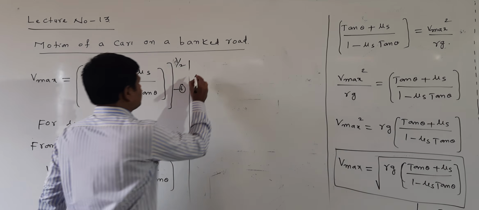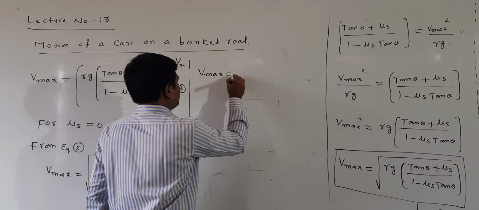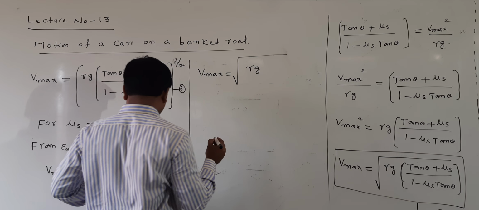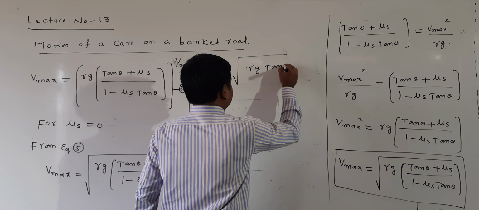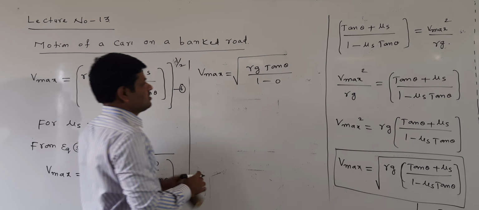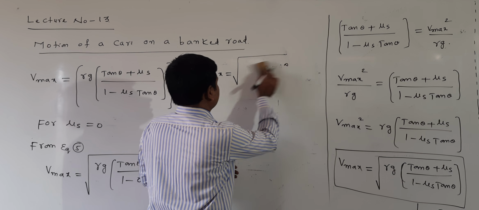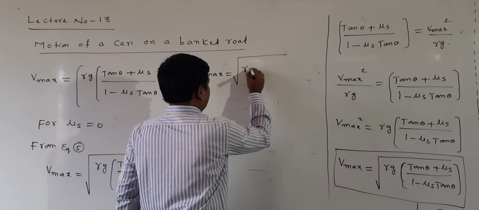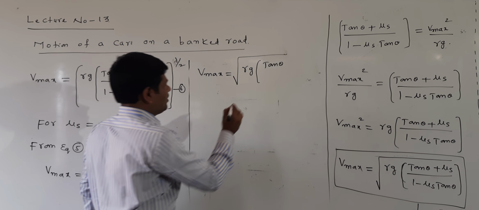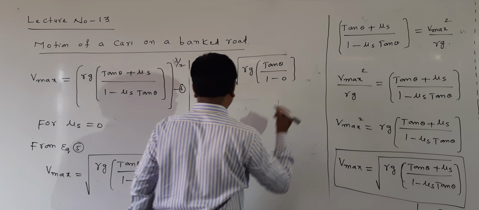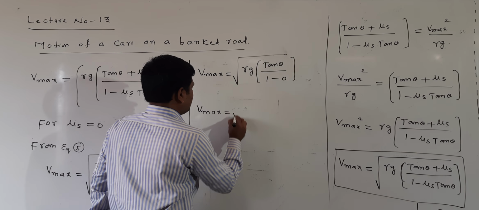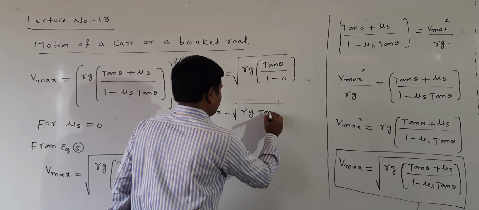The remaining value is V maximum equal to the square root of Rg into tan theta by 1 minus 0. Tan theta plus 0 is tan theta, by 1 minus 0 into tan theta, which is 0.